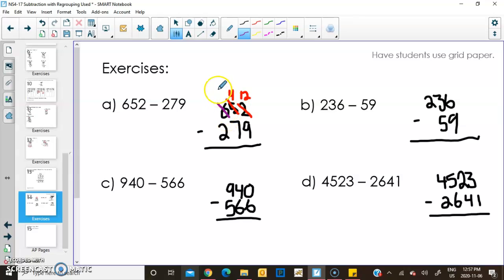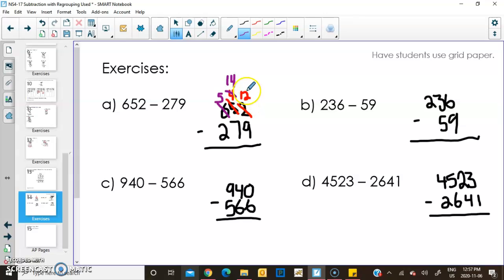So I'm going to take 1 hundred away. 6 minus 1 is 5. Okay, and I'm going to give that 10 tens to my tens place value. So what is 10 tens plus 4 tens? 14. Good. Don't forget to cross out that 4.